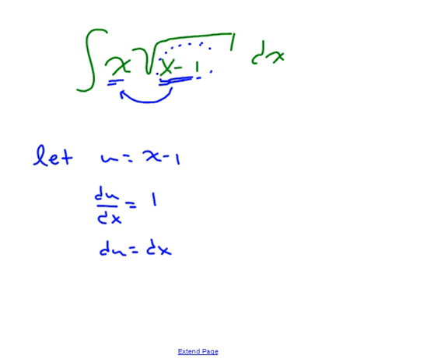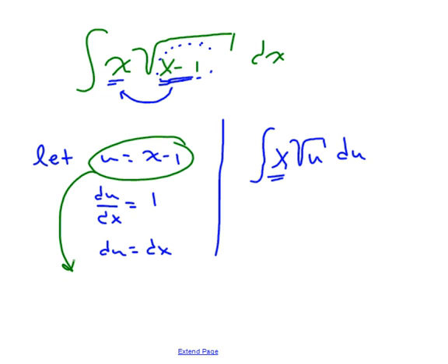So what we could do is do our substitutions. But if we do, what we get left is x times root u du. So we need to get x in terms of u. Going back to our initial substitution and solving it for x, we get that x equals u plus 1.